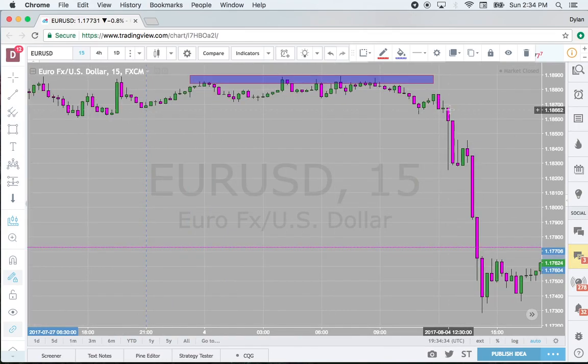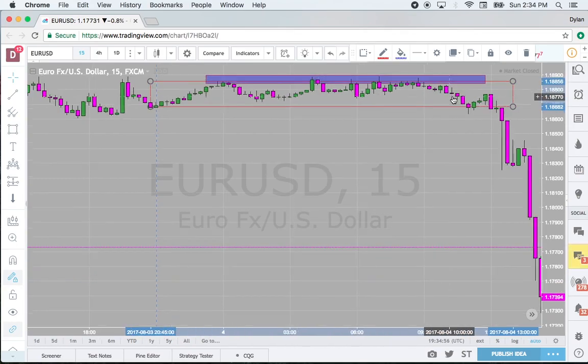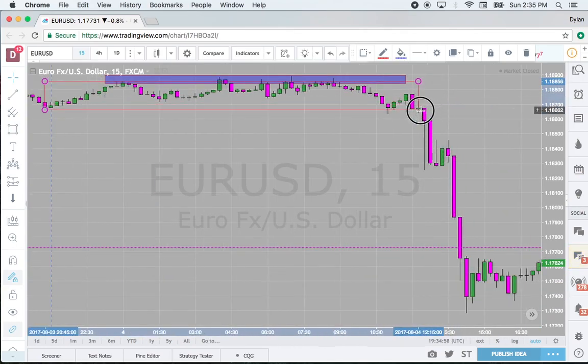I believe NFP was right here, and NFP caused the catalyst to spike out of this zone here. So you can see the highs and the lows are really important, you guys. The low of this day was created inside of this range, and then this range was quite hard to break until NFP, where they broke out of it.